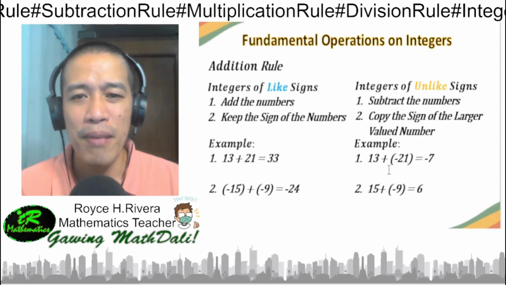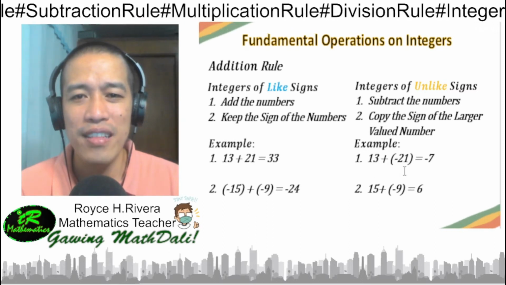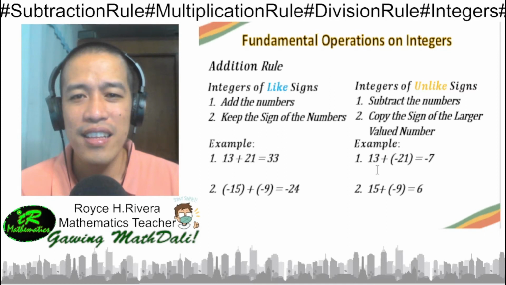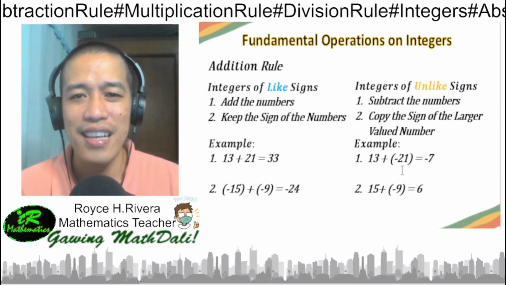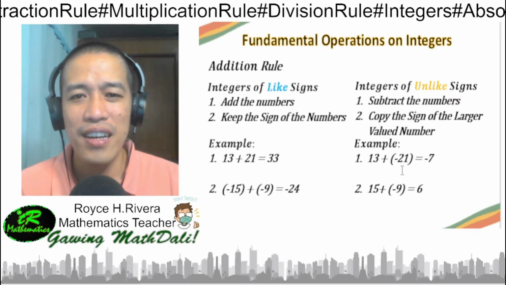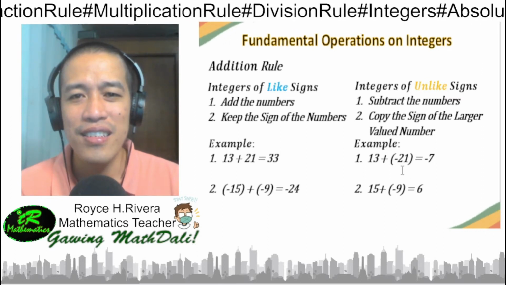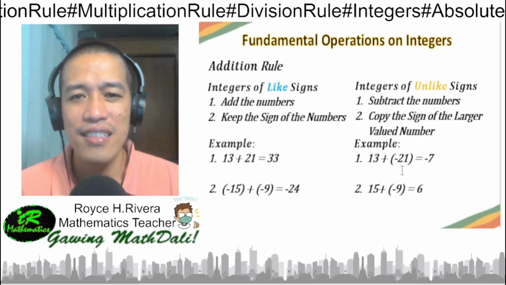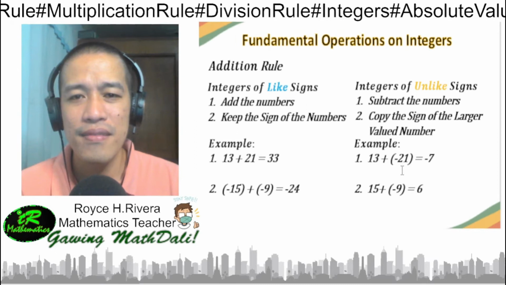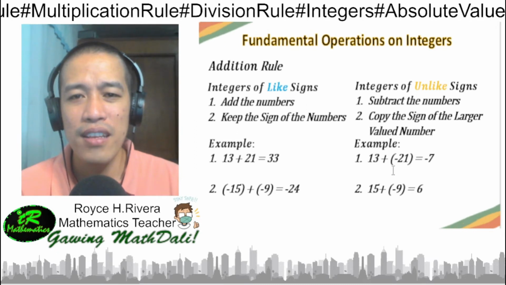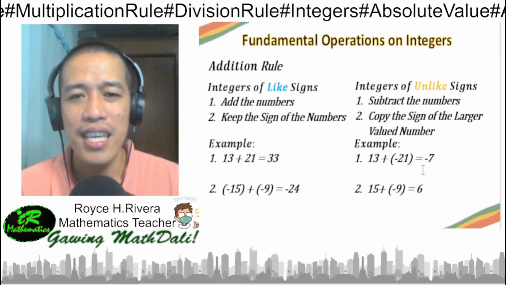13 plus negative 21. 13 is positive. Negative 21 is negative. So we are adding integers of unlike signs. So we need to subtract the numbers. 21 minus 13 is 8.